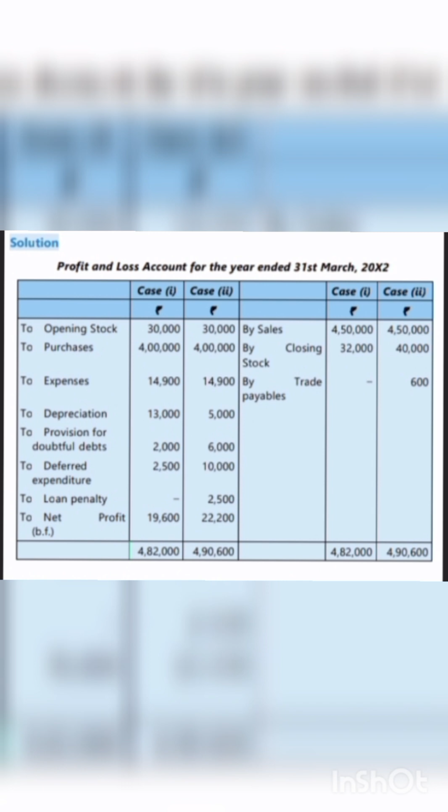How do we tally expense and income? That is, expense plus profit should be equal to the total of income.